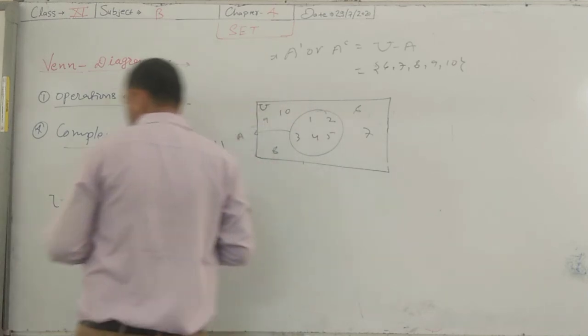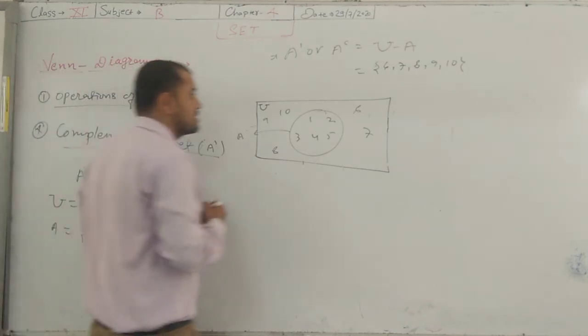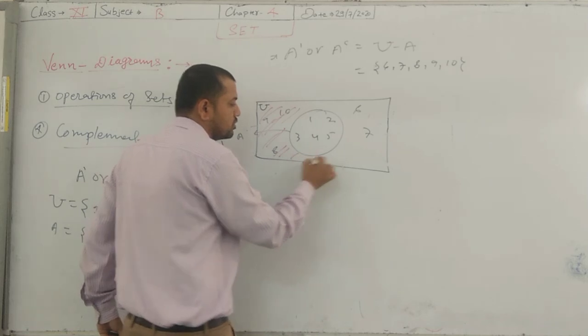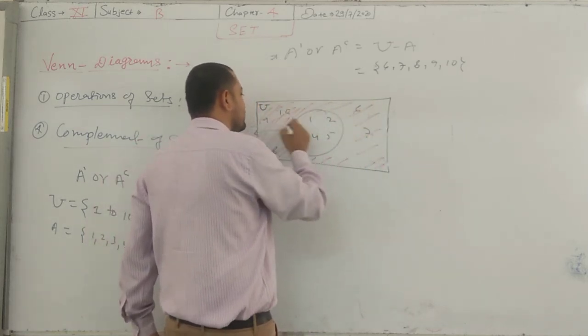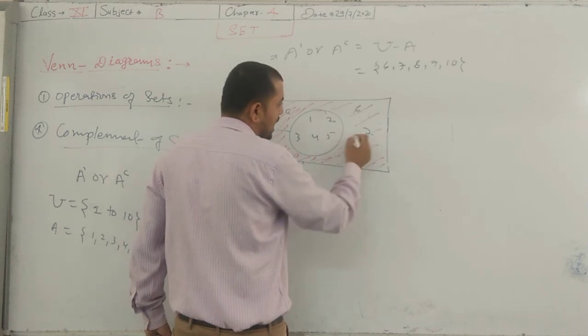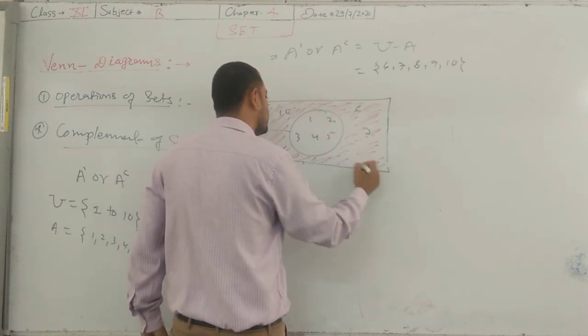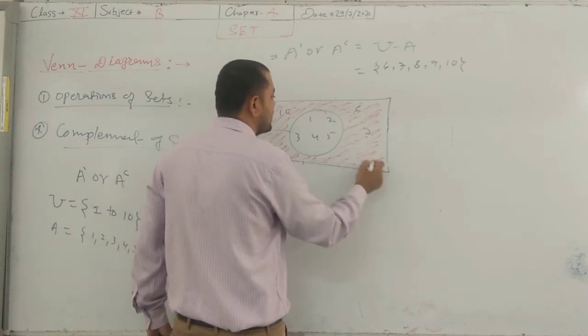It means we need to shade the outer portion of this circle, everything except the circle, containing the elements 6, 7, 8, 9, 10.